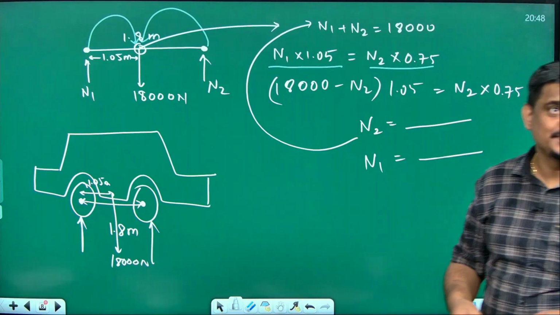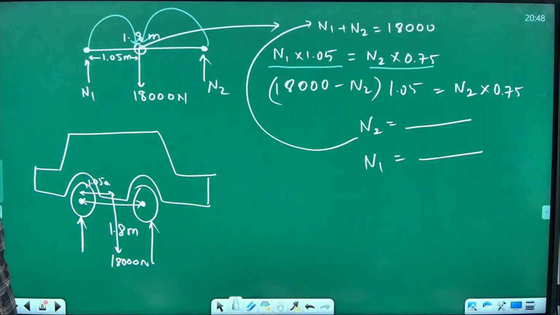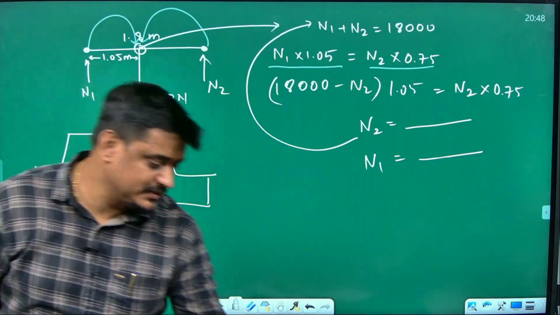Sivesh, understanding? Yes, sir. Soumya, what about you? Understood? So it's front wheel 3,750 Newton. The back is 5,250 Newton. Check in the book back, it is matching.